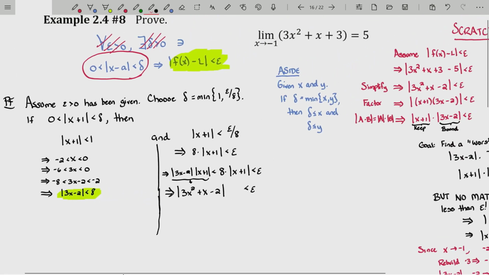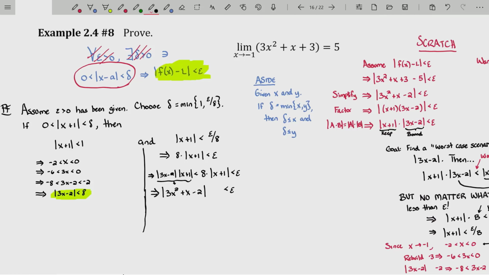And you say, but ladies and gentlemen of the jury, and you look at your handwritten notes, just to make sure you're matching up with your scratch work, that means that logically, step by step, you've agreed with me 100% of the time, and you're willing to also agree with me, likely, if you know arithmetic, that this can be written in this form, right? 3x squared plus x plus 3 minus 5.